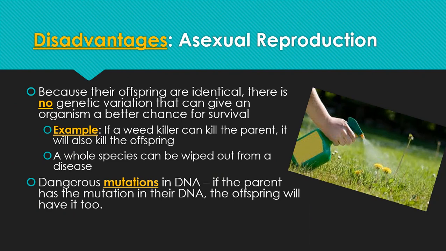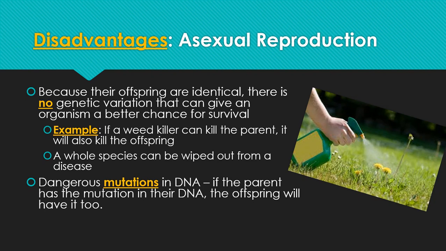So, yan. Ang disadvantage naman, walang genetic variation. Ito na yung sinasabi ko that without genetic variation, this leads to vulnerability to diseases. Okay? So, dangerous mutation. Kapag nagkaroon ng mutation yung mother, may disease siya, since yung offspring exact replicas of mother, whatever the genetic material or diseases that mother has, that will be passed on to the offspring, and then yun magkakaproblema.